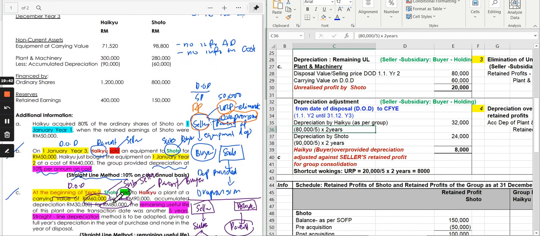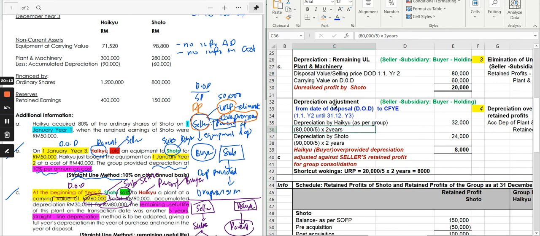You take 80,000, which is the selling price to the buyer, sorry. Remember, the selling price to the seller is the purchase price to the buyer. So it's 80,000 divided by 5, where 5 is the remaining useful life on the date of transaction, times 2 years.